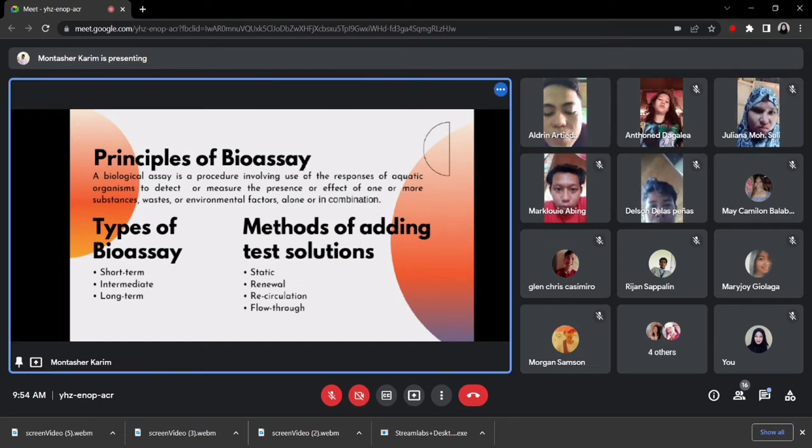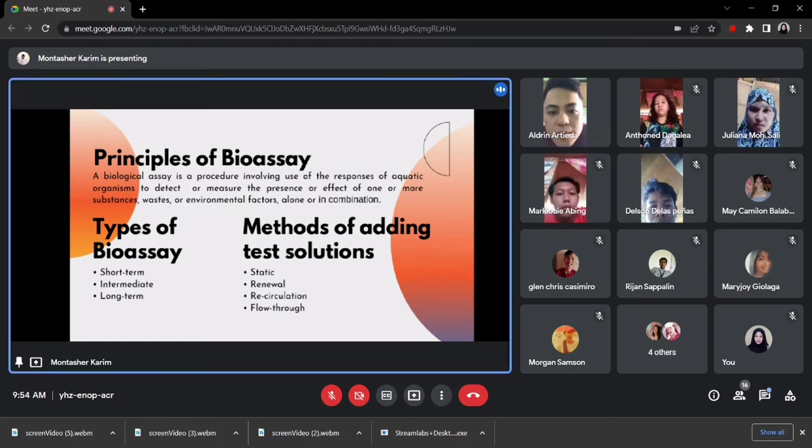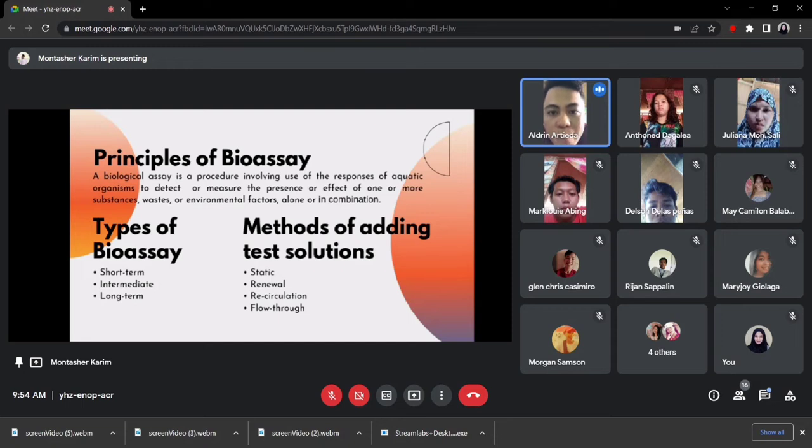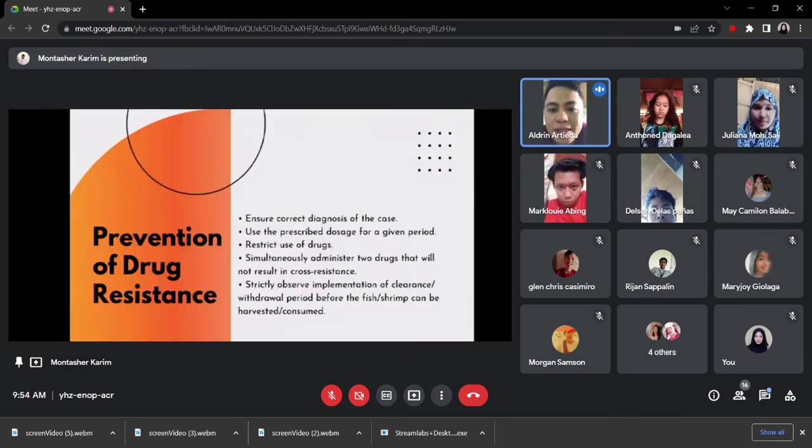Because it determines the maximum allowable oxygen concentration. So if you want to measure the pressure, waste, let's say the chemical waste, what type of bioassay should be used?